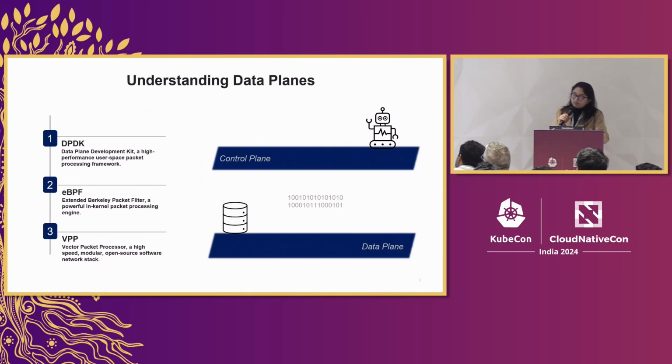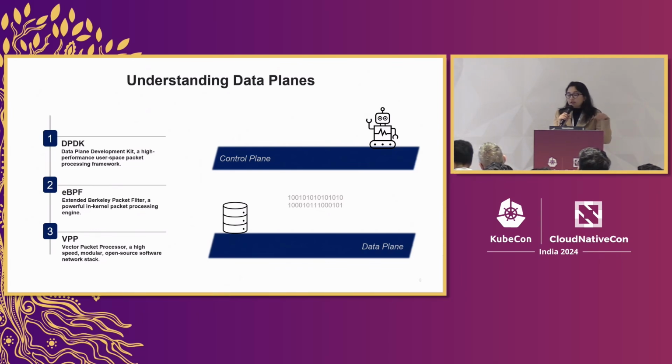First, we'll get to know what data planes are. In networking, the data plane, also known as the forwarding plane, is the part of the network which carries or handles the actual user traffic. DPDK, Data Plane Development Kit, is a high-performance user space packet processing framework, mostly used for packet I/O.